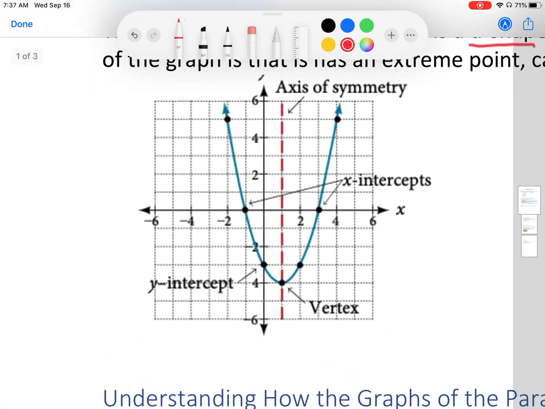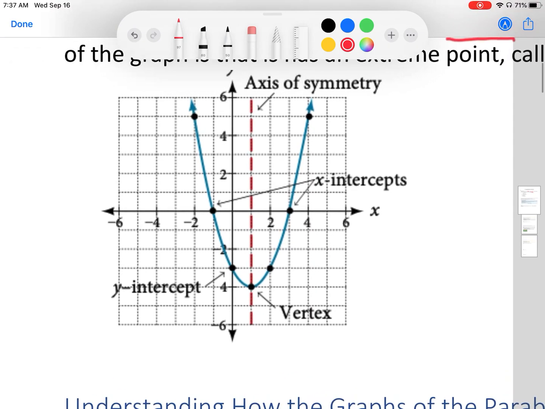So here we have some important features of a parabola. Of course, just like a line, we have intercepts. Points that cross your y-axis would be your y-intercept, and points that cross your x-axis would be your x-intercepts.